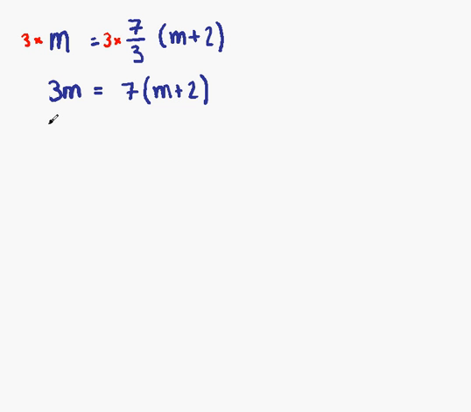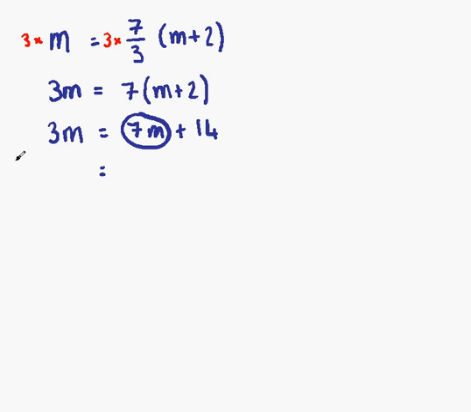So first of all we have 3m, and that's equal to 7 times m, which is 7m, and 7 times 2, which is 14. Remembering back, letters to the left and numbers to the right, so looking along the line, the only thing that has to move is the 7m.